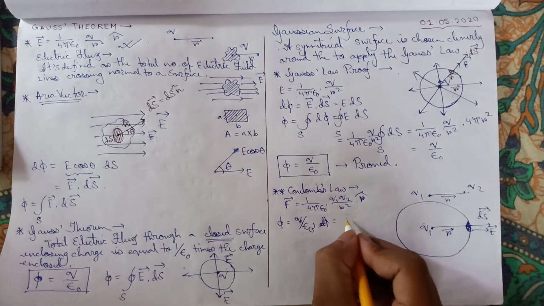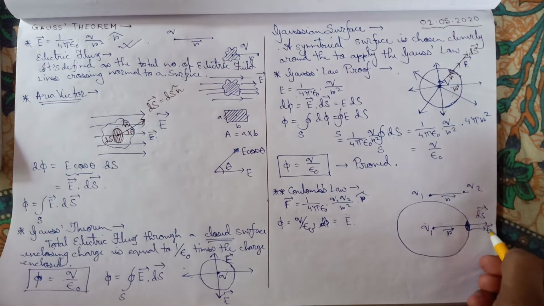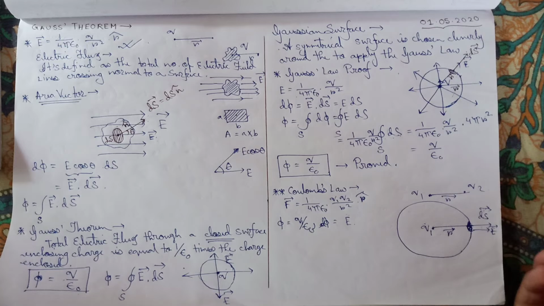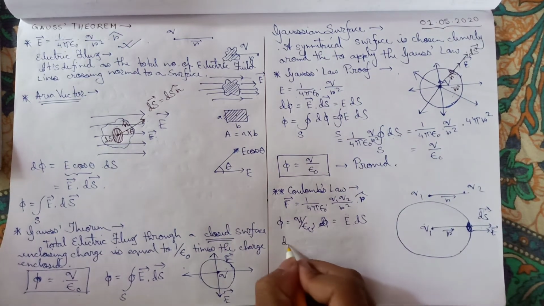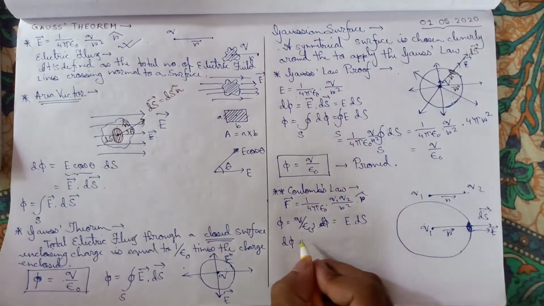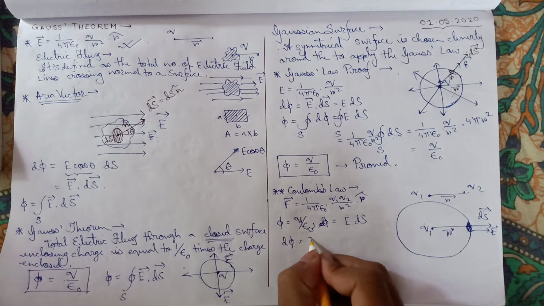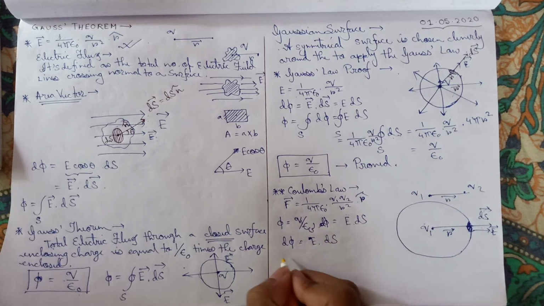So it will be E dot ds, and we know the angle between ds and E is 0 degrees, so cos 0 degree is 1, so it will be only ds, right? So d phi will be E ds.